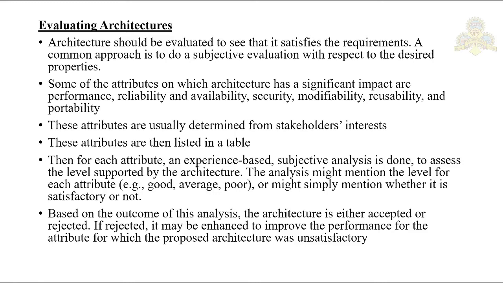That means performance, reliability, availability, whatever the quality attributes are. We have to ask our stakeholders in what quality attributes they are interested. We have to get a list of these attributes from the stakeholders.